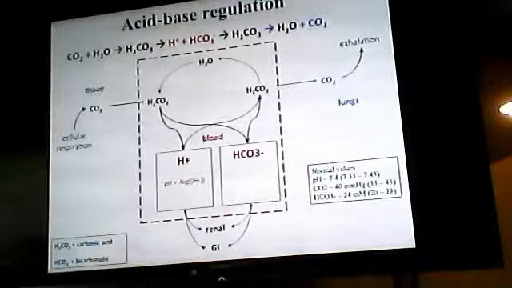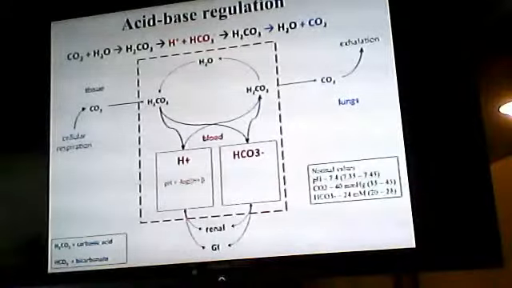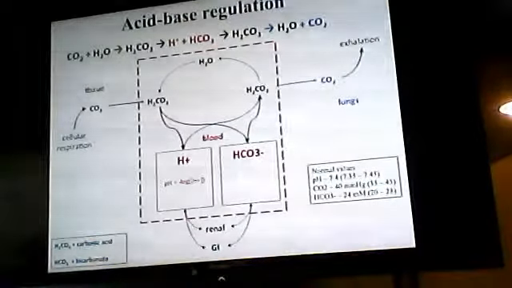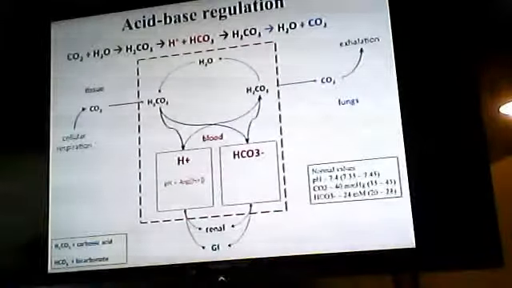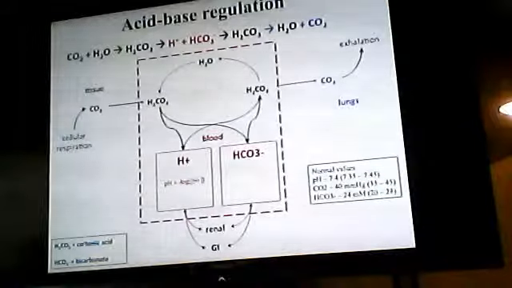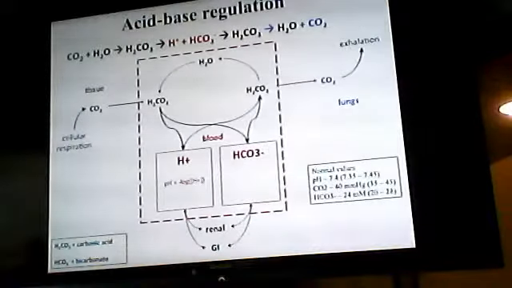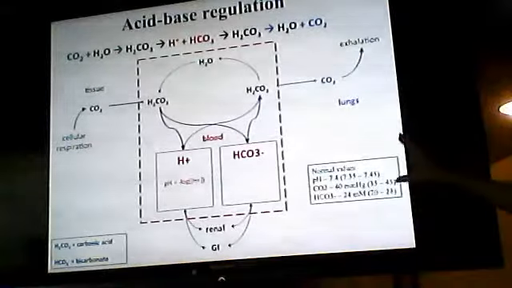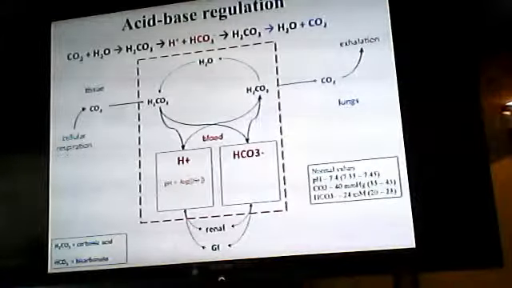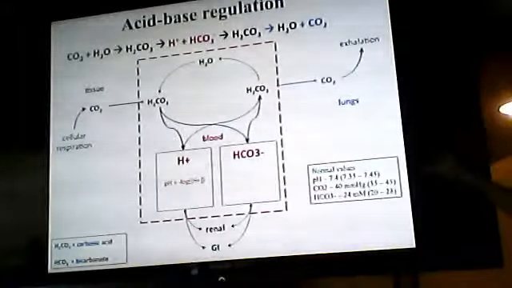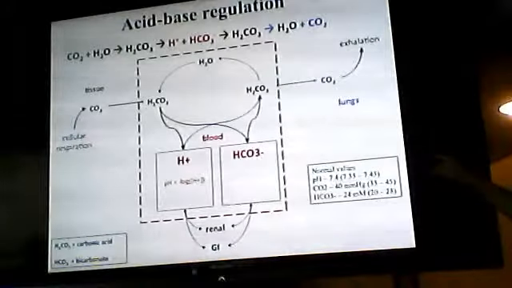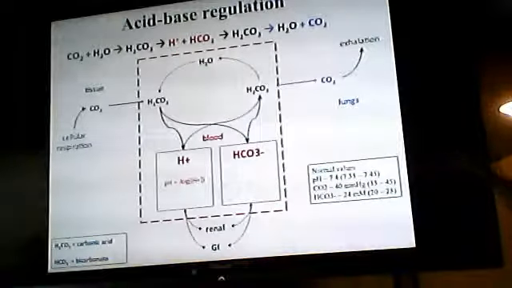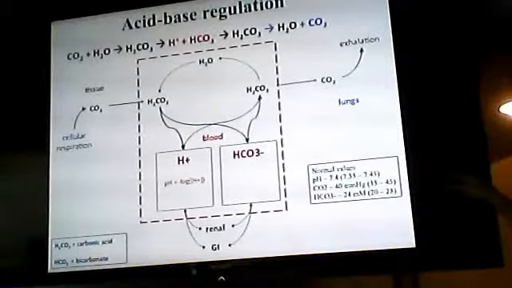That's the biggest thing. H plus and CO2 levels, let's just roughly say they're proportional, okay? Roughly. So these normal values of pH, CO2, and HCO3 minus, you definitely should know. So it's 7.4 for your pH, 40 for your carbon dioxide, and 24 for your HCO3 minus, okay?